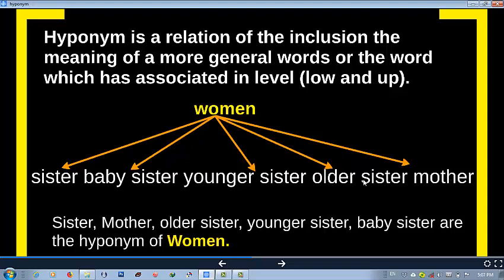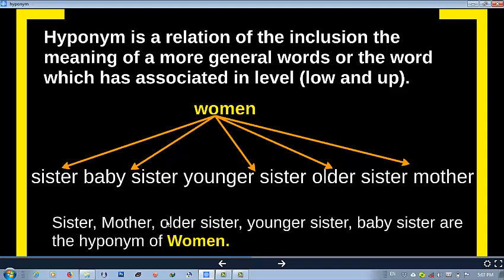So all these words are at a low level. In the linguistics of English we can say that sister, mother, older sister, younger sister, and baby sister are hyponyms of woman. It means that woman is the top word, and other words like sister and mother stay under the word woman.